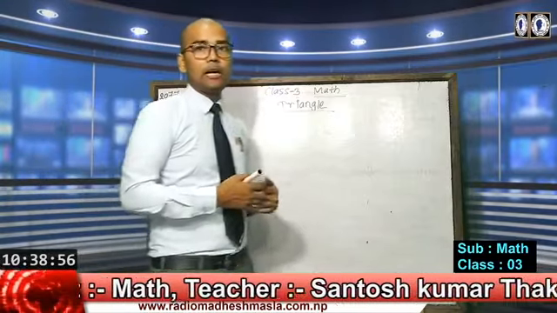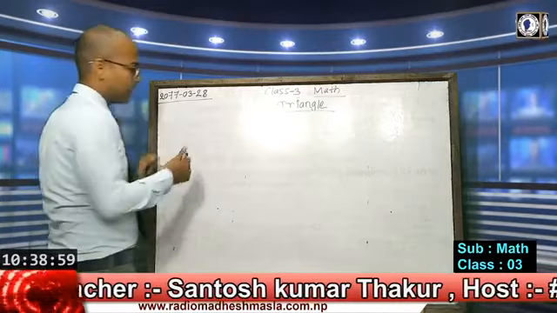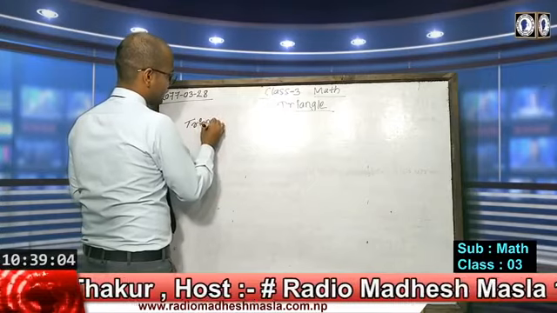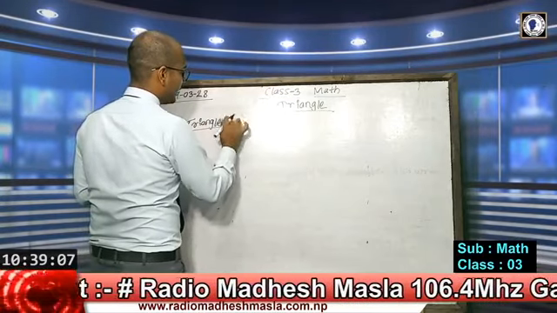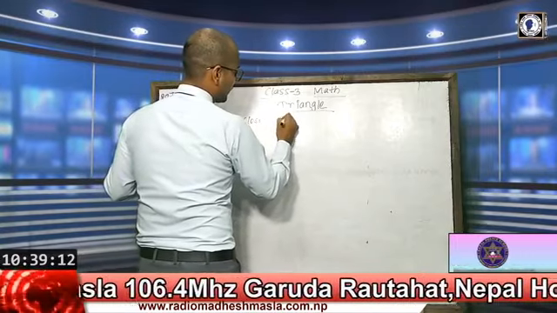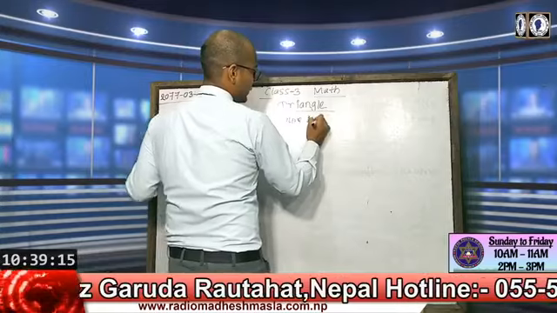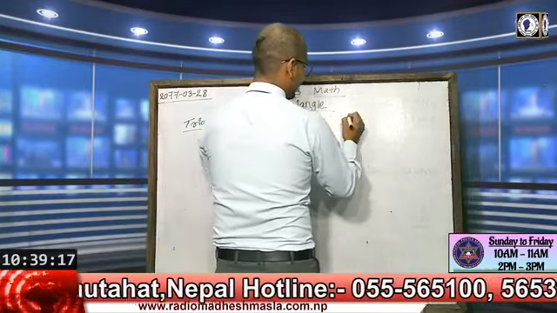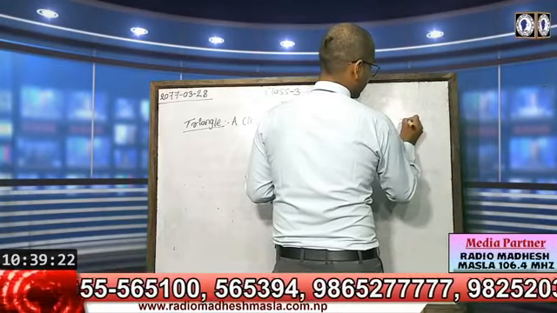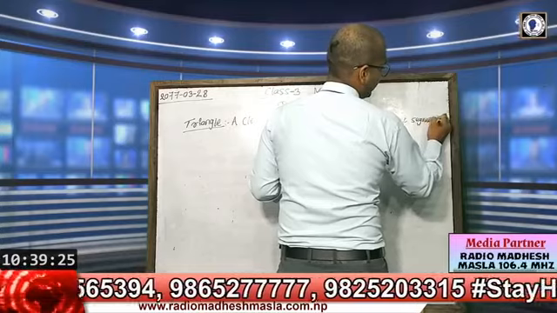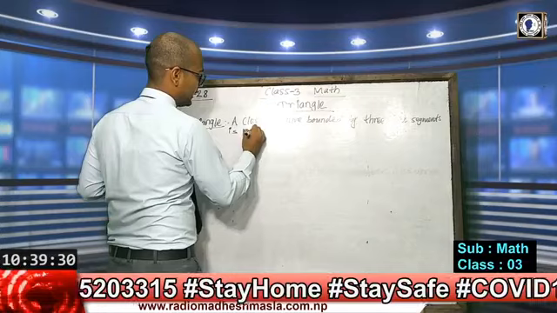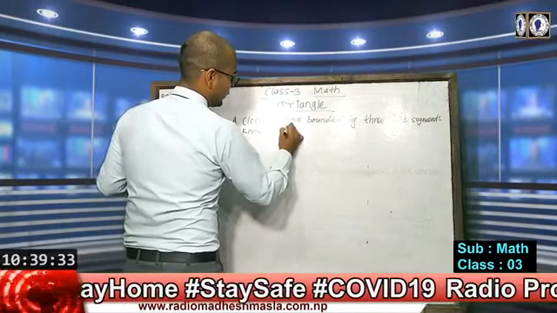So we define it like this: a closed figure bounded by three line segments is known as a triangle.